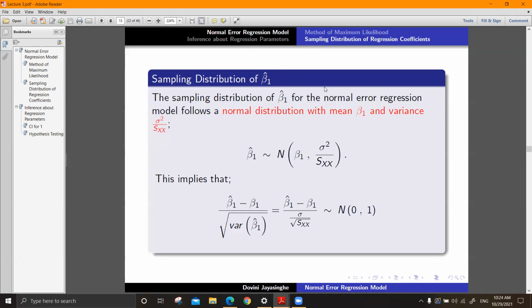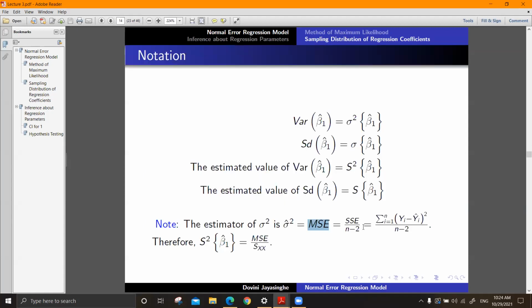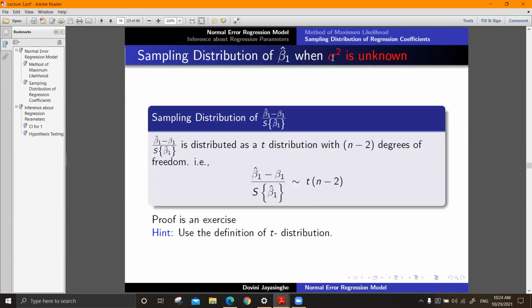If you know sigma, yes, you can put this. But if you don't know sigma, you make use of the sample variance to compute this pivotal quantity by the use of MSE, then it is T distributed with n minus 2 degrees of freedom. So this is highly used.